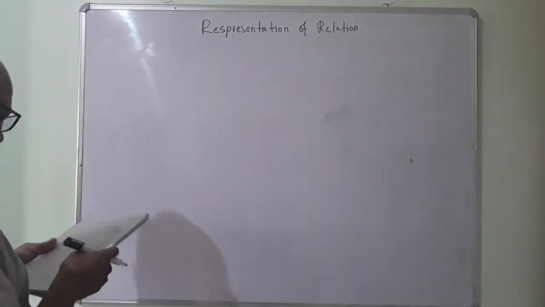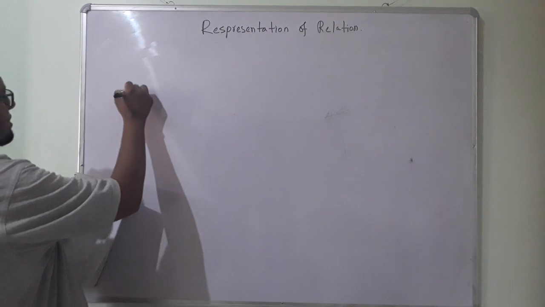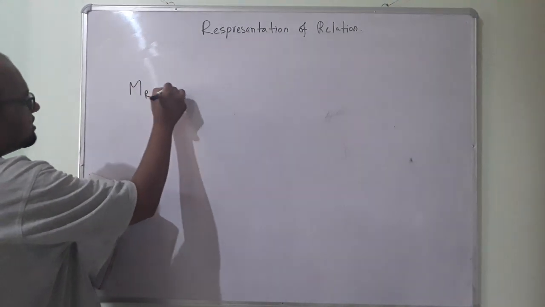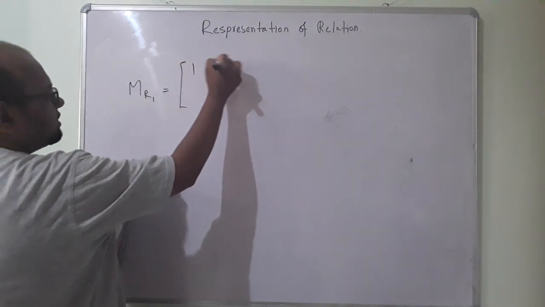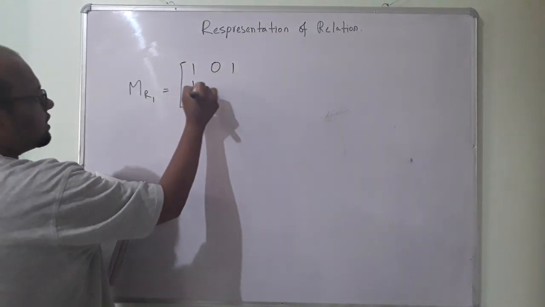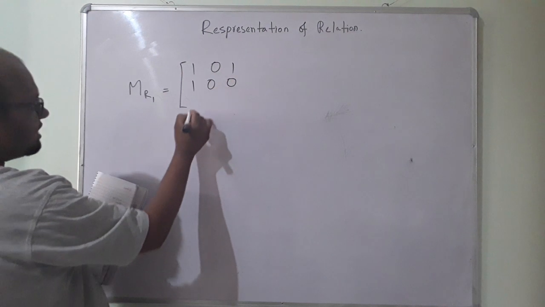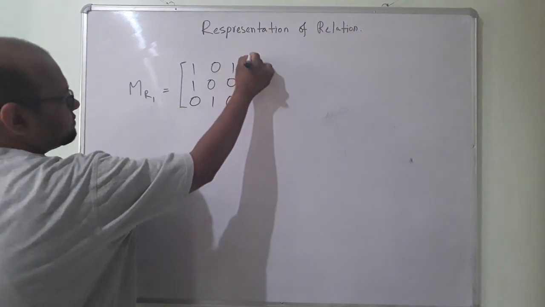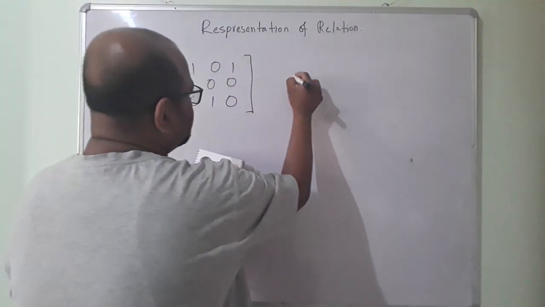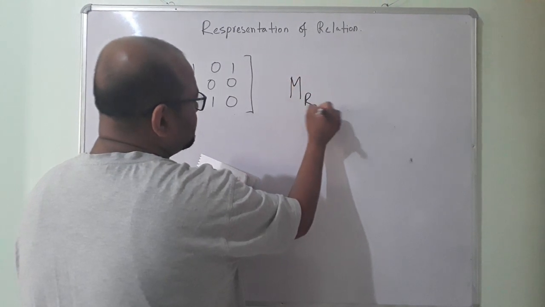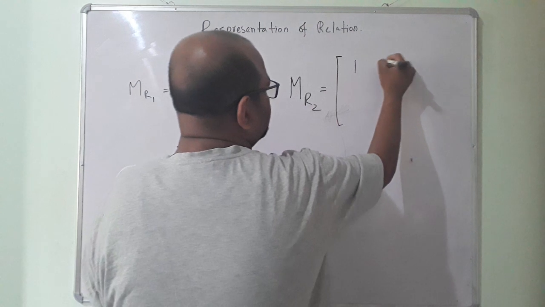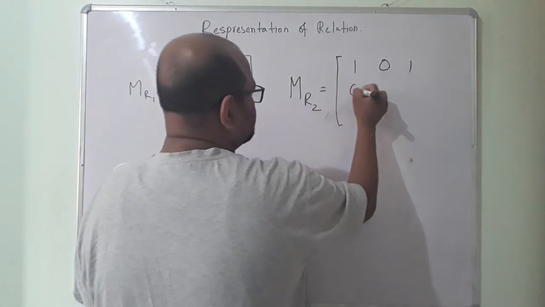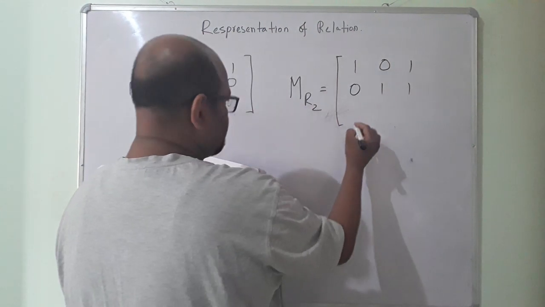Let us say I have this matrix representing relation R1, and this is 1 0 1, 1 0 0 and 0 1 0. And I have another relation R2, and this is the matrix representation: 1 0 1, 0 1 1 and 1 0 0.